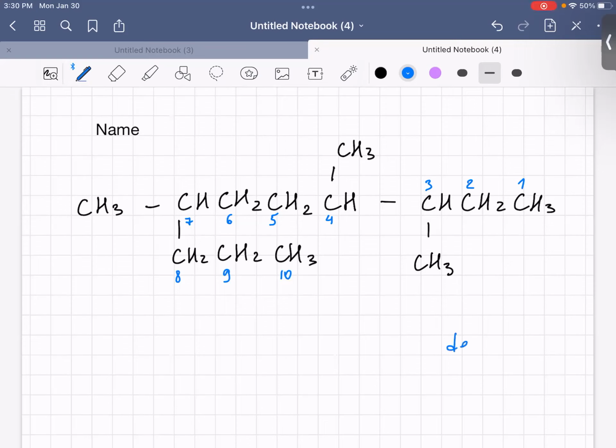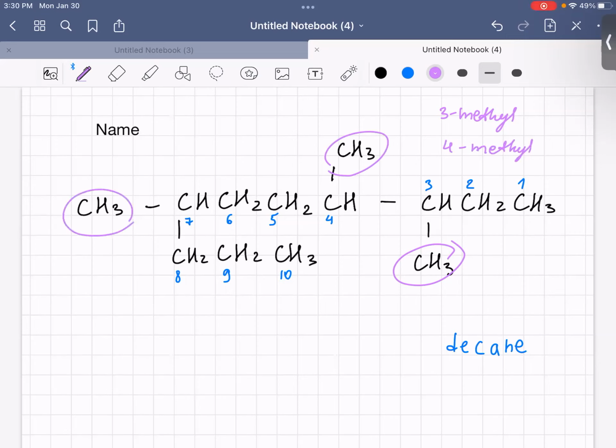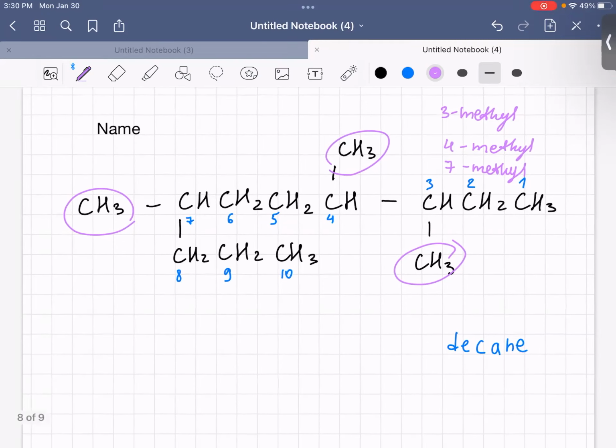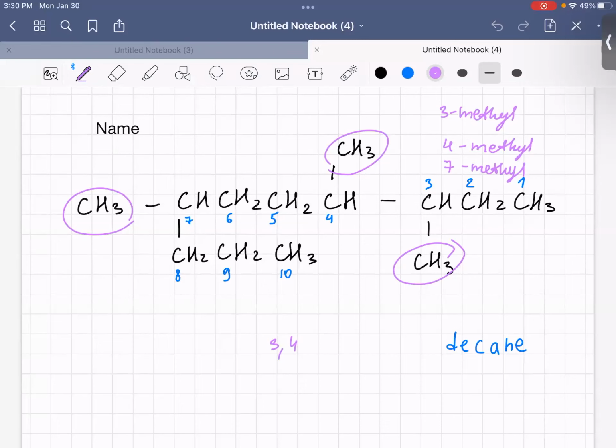So now it's a decane. Now functional groups. There's a 3-methyl. There's a 4-methyl. There's a 7-methyl. So now we just put them together. So 3, 4, 7-trimethyldecane.